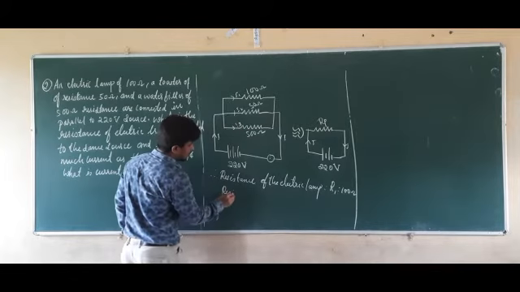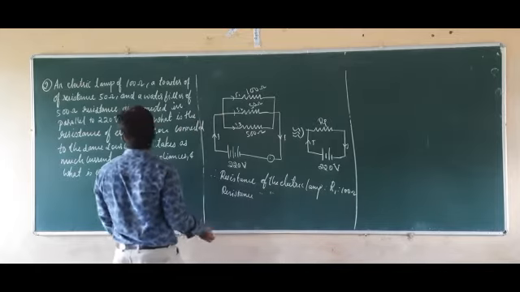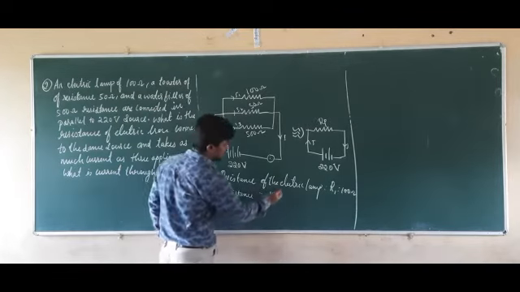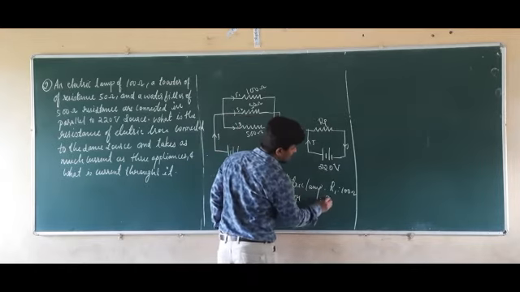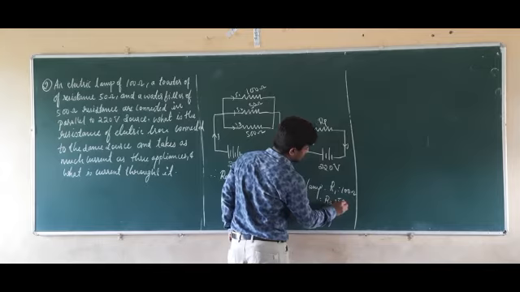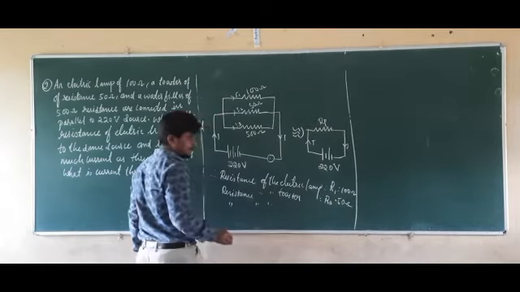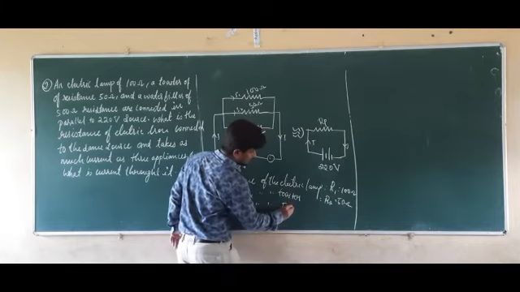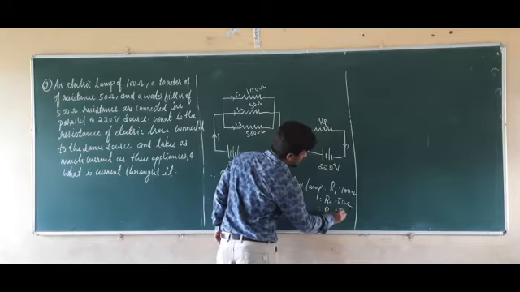And the resistance of the electric toaster be R2, which is equal to 50 ohms. Next, the resistance of the electric filter be R3, which is equal to 500 ohms.